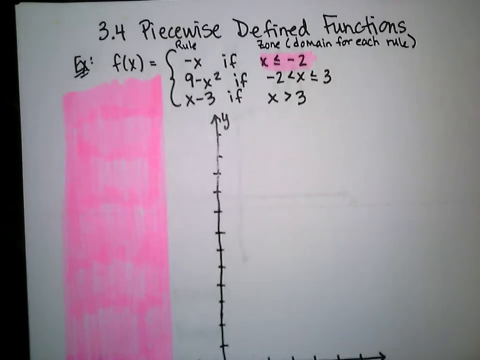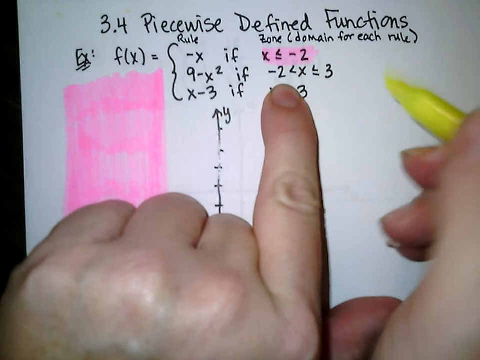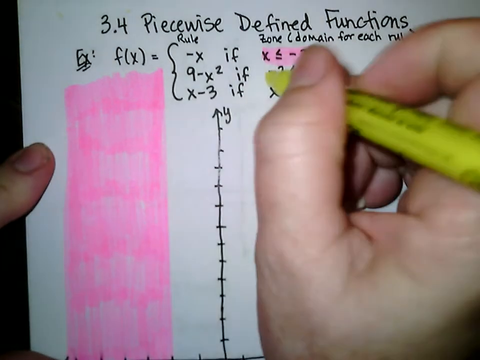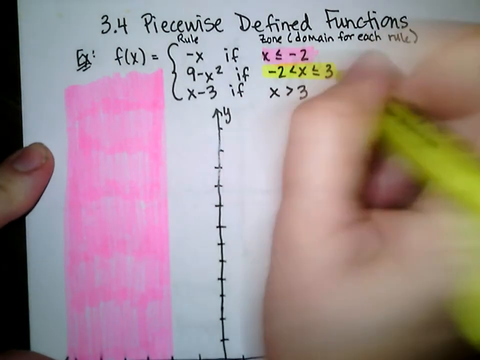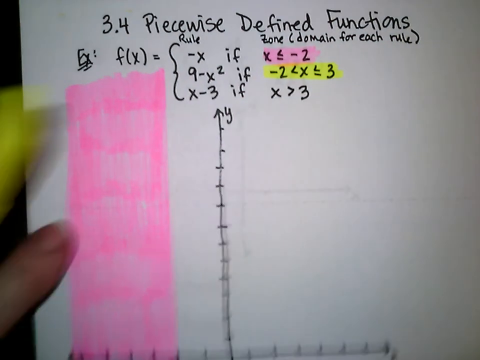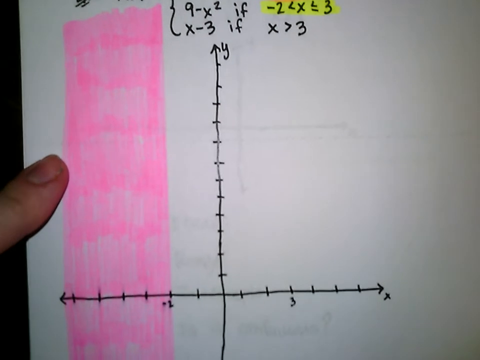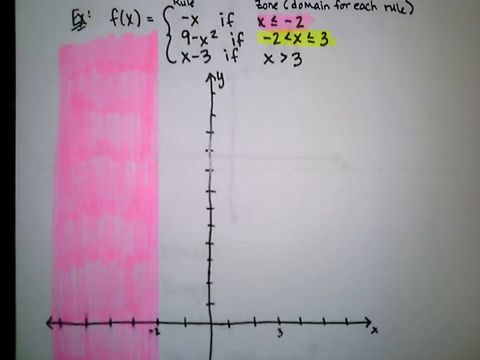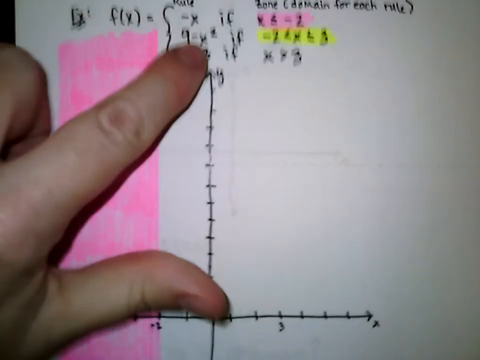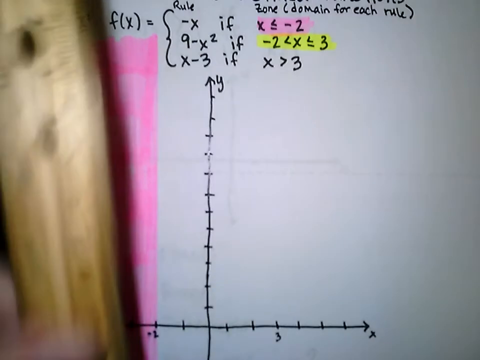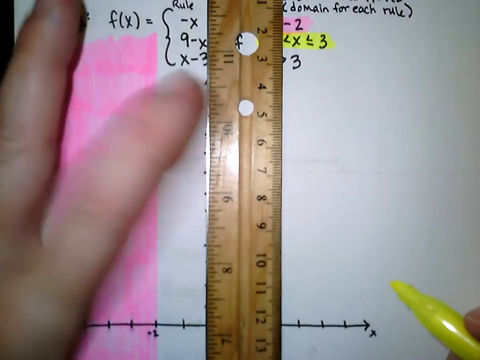Then my next zone, or the next rule, is going to be between -2 and +3. I'm going to make that one yellow. So between -2 and +3, we're going to be in this yellow zone that's going to follow the rule y equals 9 minus x squared.